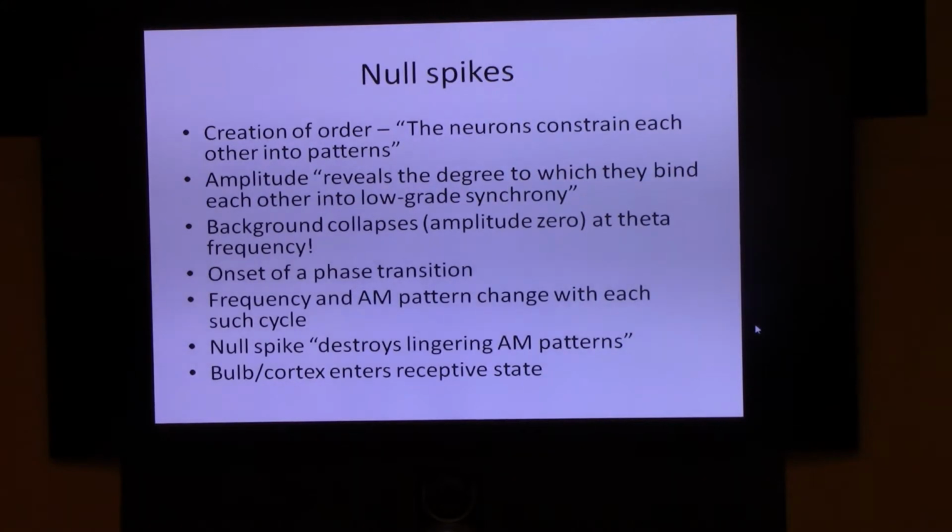Each wave packet, each little gamma burst, lasts about a tenth of a second, about 100 milliseconds, and then it goes back to the background state. The null spike isn't when the background state begins, it's when the background state ends, I believe. Oh, okay. That could be right. I could have said that wrong the first time.